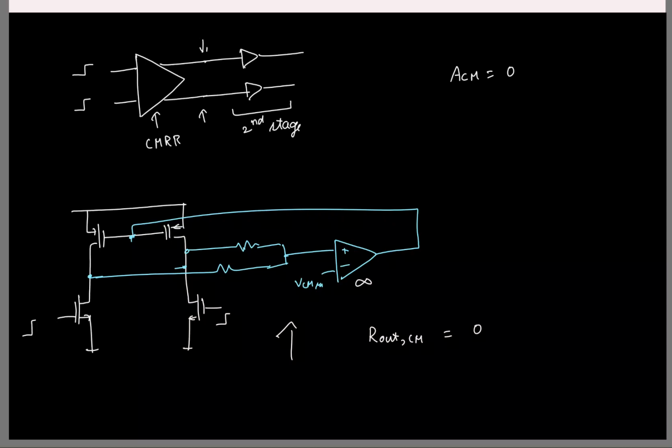See, the output common mode is fixed to one value. So it is as though it is like a voltage source setting the value to something. So then what is the resistance here? 0. I mean, it is as though you put a voltage source and fixing this to VCM ref, right? So here the output resistance in the common mode picture is 0.